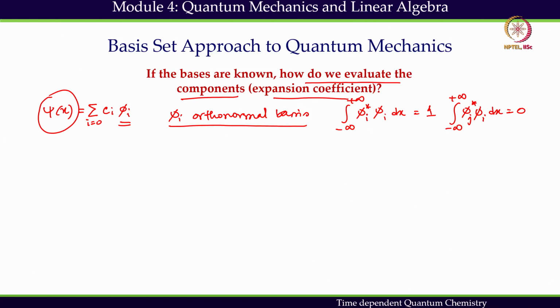How do I do that? I will first multiply this expression by phi_j star and then I will integrate it from minus infinity to plus infinity over the entire space.